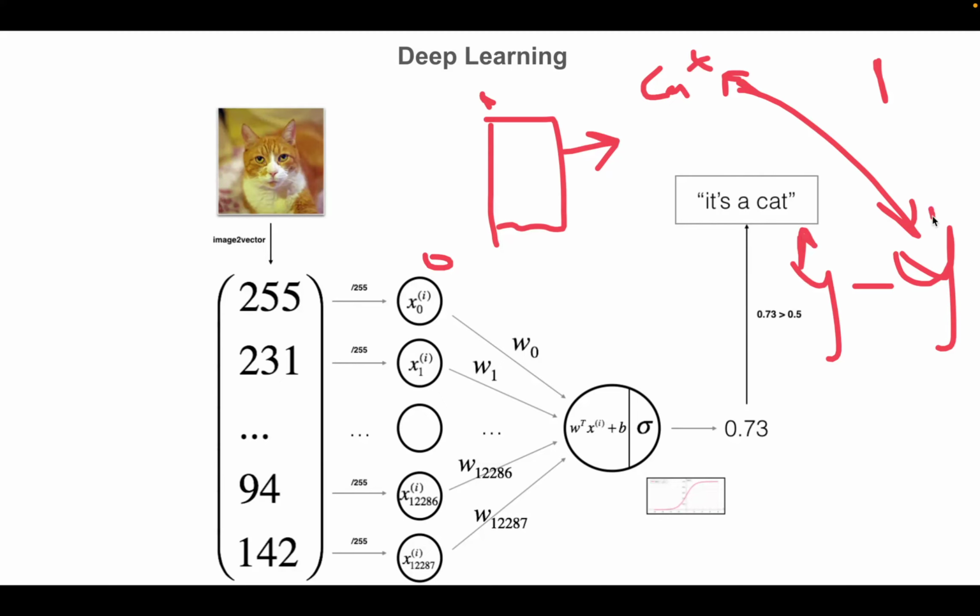If it is not 1, then it is wrong. So we subtract the expected label from the output prediction. If it is not close to what we were looking for, then it is wrong, and we have to do the same thing again.